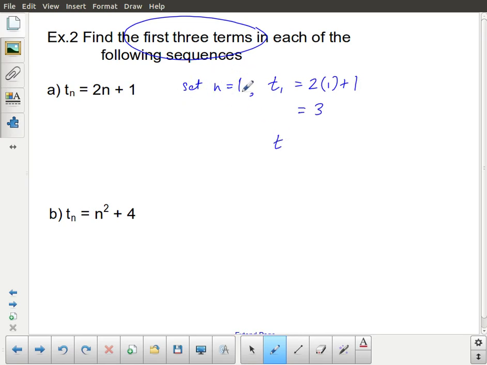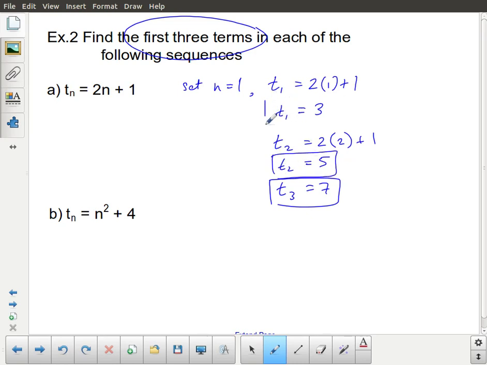I'm not going to keep writing this part, so now I'll say t2 is 2 times, wherever I had an n, I now replace it with 2, plus 1. You'll notice this is a little bit like function notation: whatever I set this to be, I then replace that variable with that value. So this one ends up being 5, and t3, 2 times 3 is 6, plus 1 is 7. So there are my first 3 terms in the sequence.